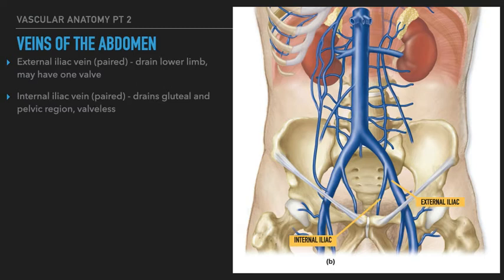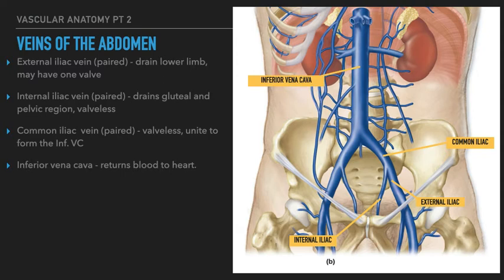Each internal iliac vein, again, one on each side, will collect blood from the veins of the pelvic cavity as well as some of the gluteal region. And then the internal and external iliac veins are going to merge to form the left and right common iliac vein. The common iliac veins will unite to form the inferior vena cava.